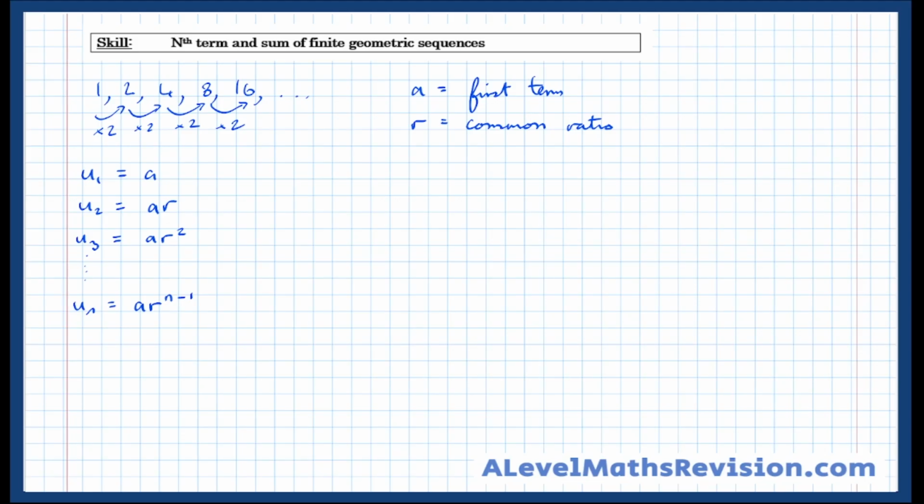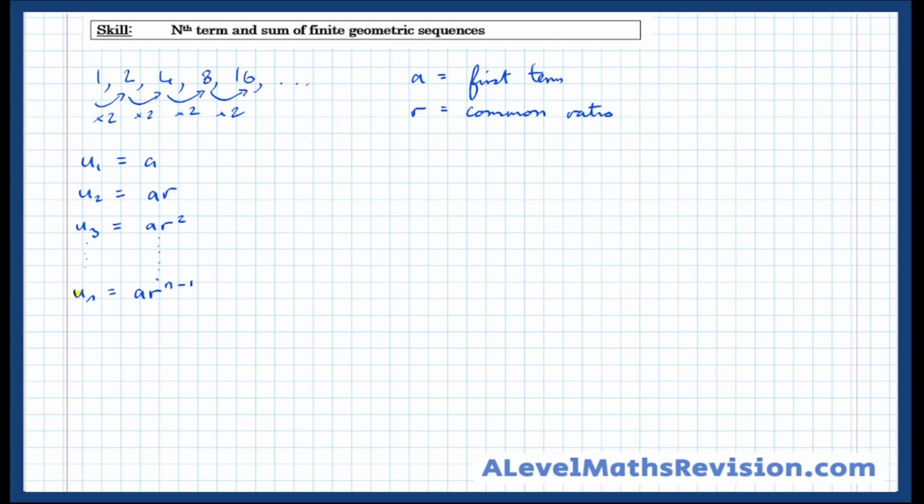There's always one less common ratio than the term number. So this here is an important formula that you need to learn that's not given on the formula sheet.